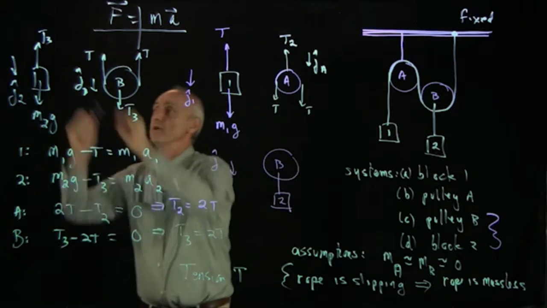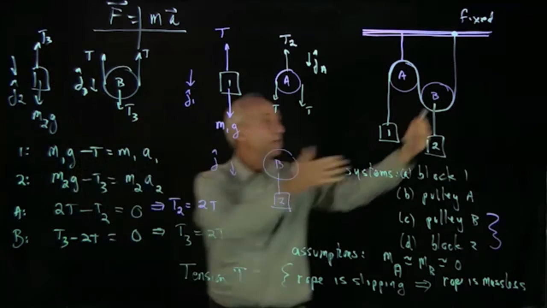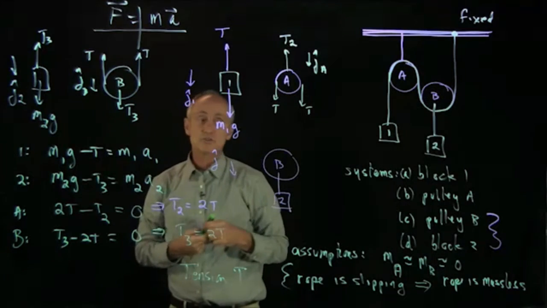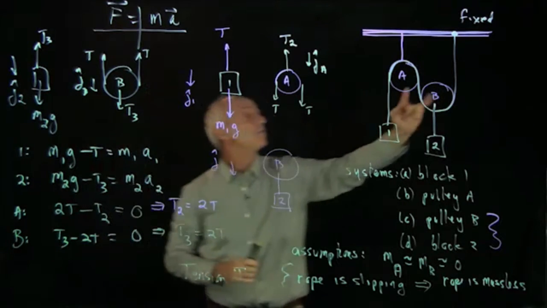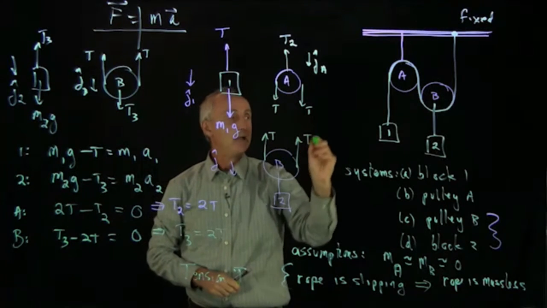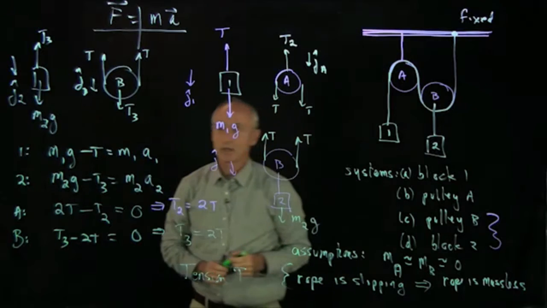When we add them, you see that T3 is now an internal force to the system. It cancels in pairs by Newton's third law. All we have is the two strings going up, so we have 2T, and the gravitational force downward.